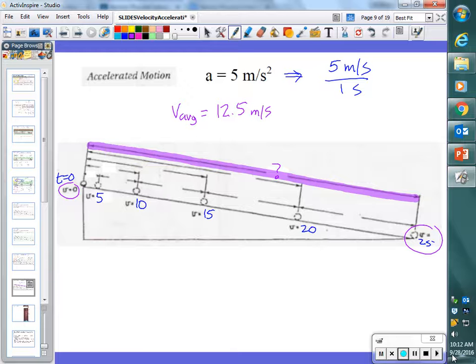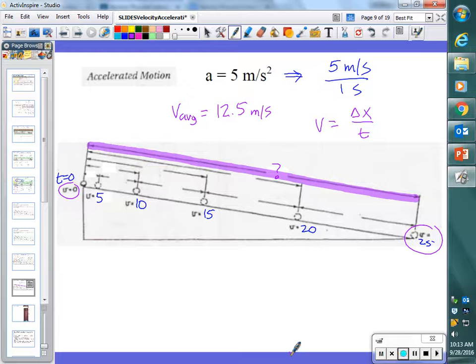Yeah? Now, let's talk about what we're trying to figure out. We're trying to figure out how long this ramp is. Same procedure. We know that velocity is a relationship between displacement and time. Good?